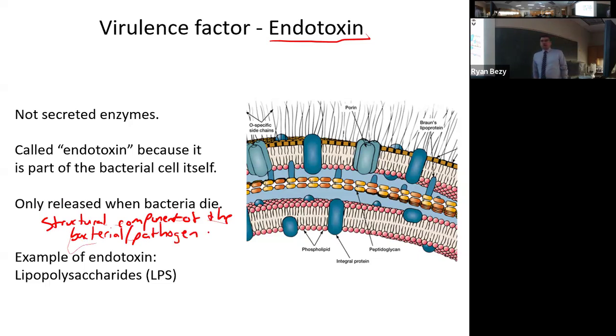They only get released if the pathogen dies and breaks up into fragments. An example of an endotoxin is lipopolysaccharide, or LPS for short. There are other kinds of endotoxins as well, but I'm going to use lipopolysaccharide as an example.